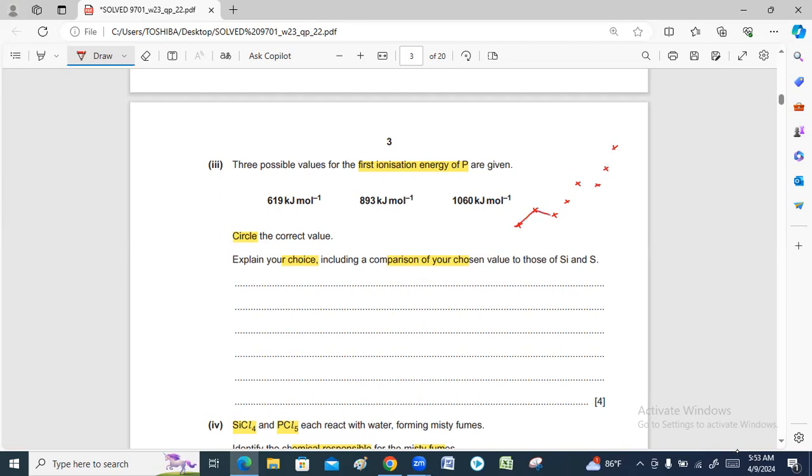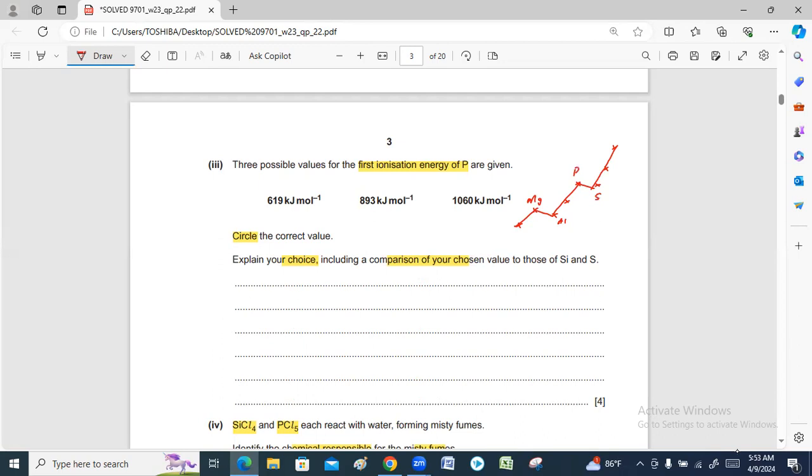The general trend of the ionization energy is that it increases from left to right along a period, but there are two exceptional cases: magnesium and aluminium, and then phosphorus and sulfur.